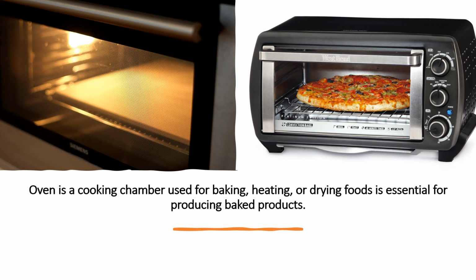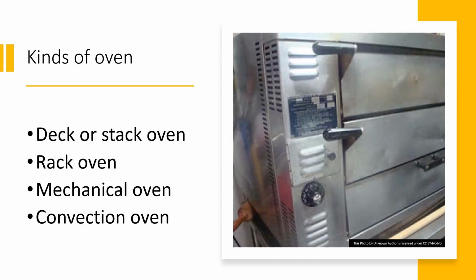An oven is a cooking chamber used for baking, heating, or drying foods. This is essential for producing baked products such as bread, cakes, and pastries. There are different kinds of oven. We have deck or stack, rack oven, mechanical oven, and convection oven.